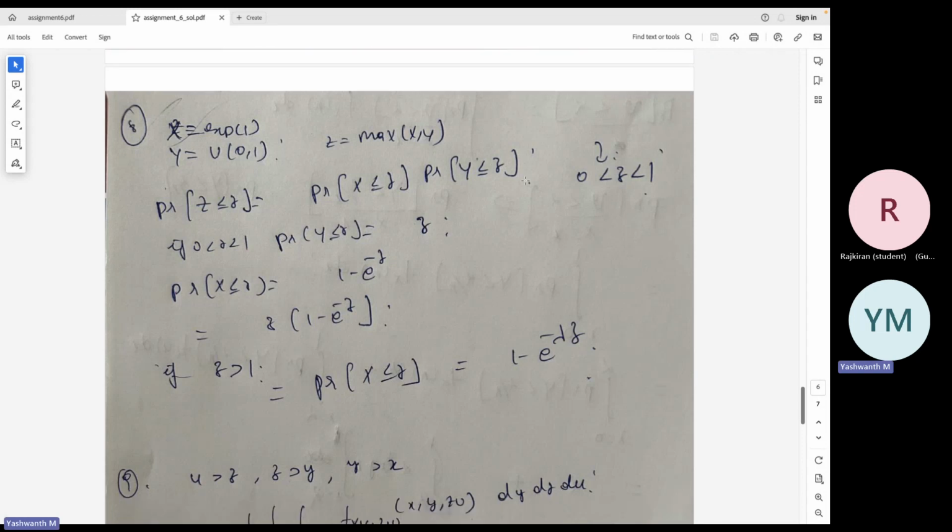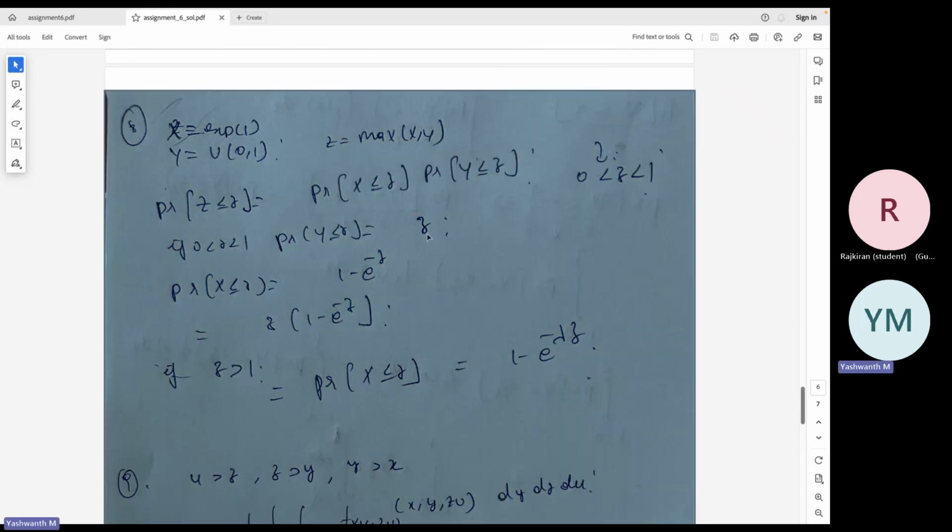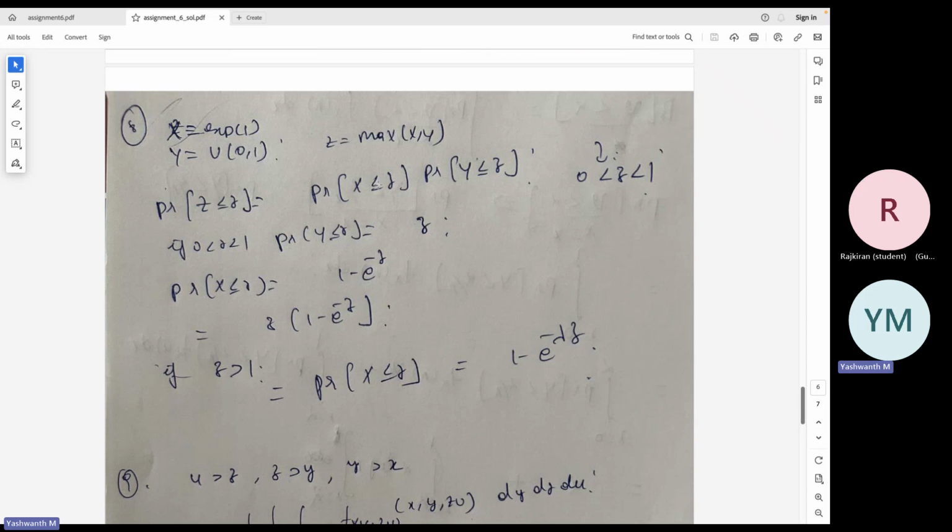If z is between 0 and 1, the first quantity is z, and the exponential distribution gives 1 minus e power minus z. So that's why it is this thing.